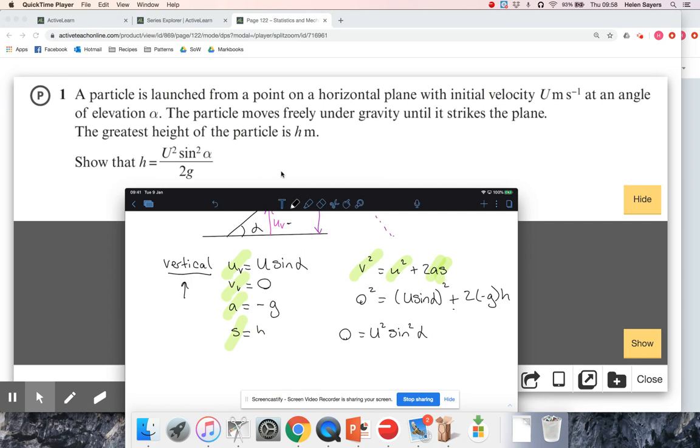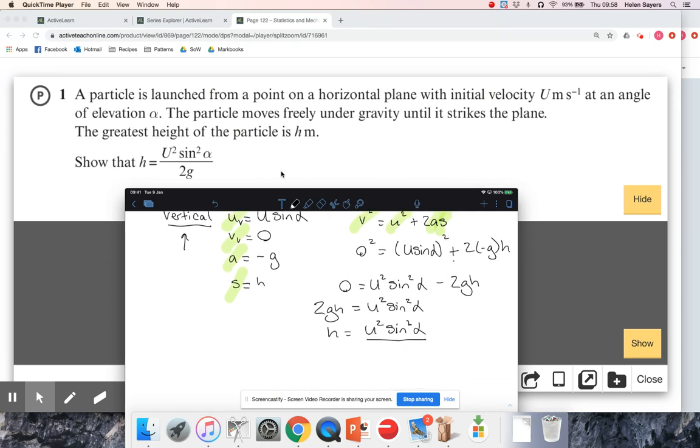And then if I move that minus out to the front, that just becomes minus 2gh. So yeah, pretty sure we're there. If I add the 2gh over to the left-hand side, then divide through by the 2g, so that's all over 2g, and then we breathe a huge sigh of relief because that's exactly what we wanted.